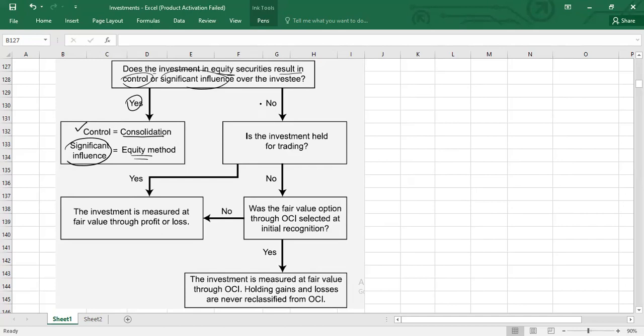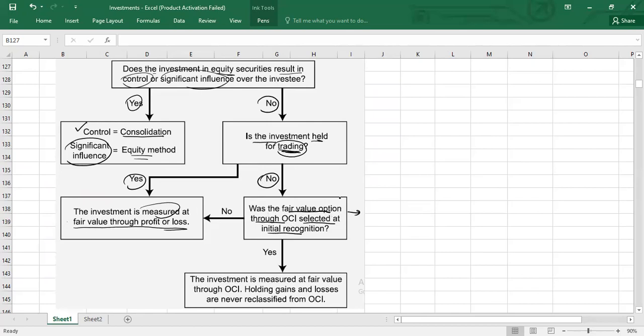If you don't have control or significant influence, then check another point: is the investment held for trading purposes? If yes, the investment should be measured at fair value through profit and loss, so you take the gains or losses to profit and loss. If the answer is no, was the fair value option through OCI selected at initial recognition?